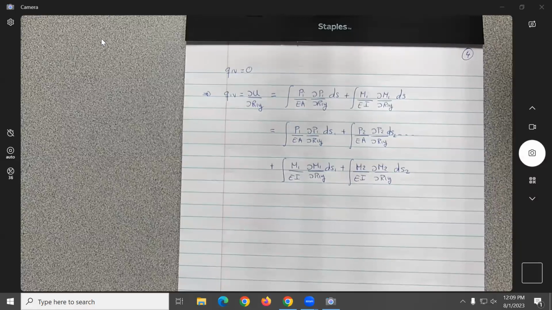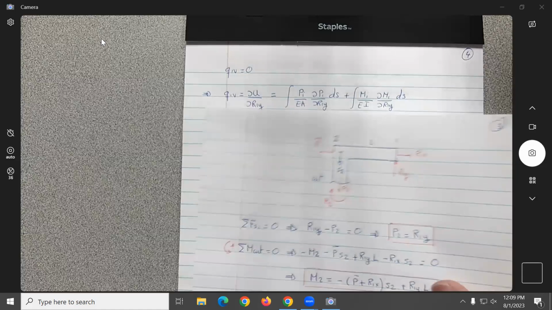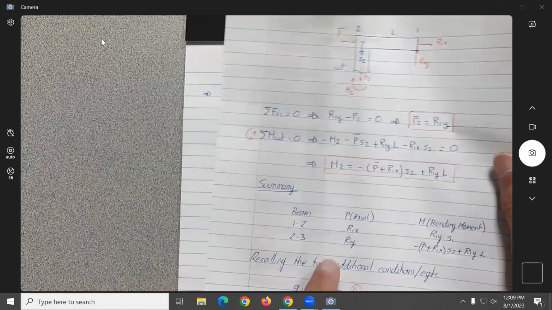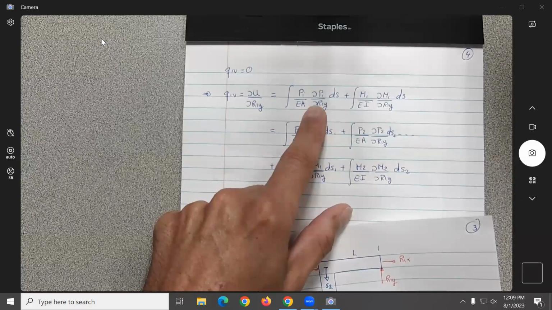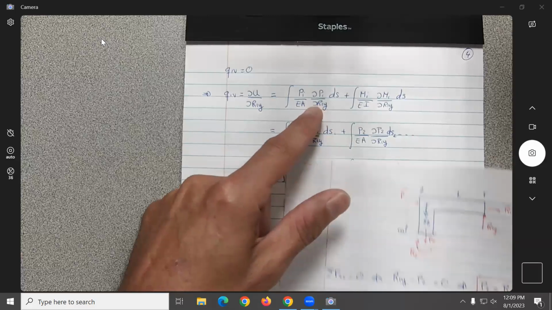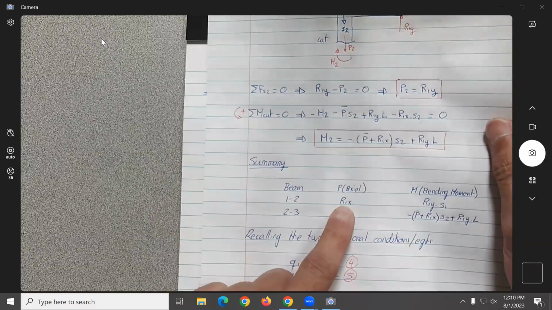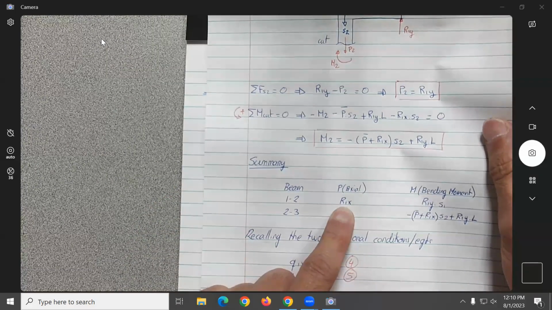Okay. I mean, here is when it's useful to use MATLAB or something else. So let's look at our summary. What is P1 equal to? R1X, correct?